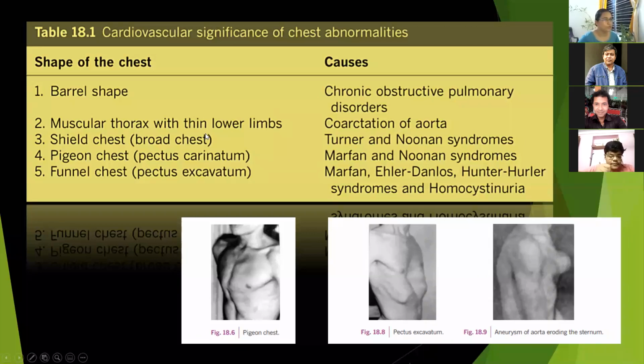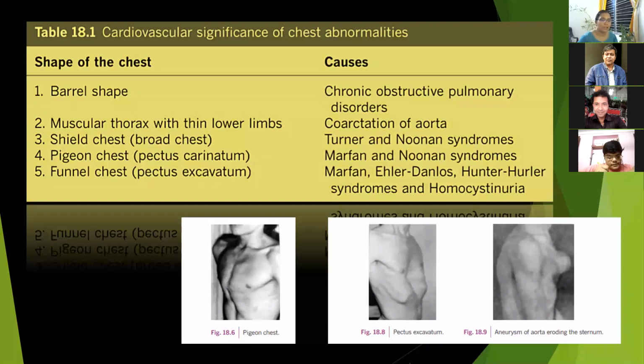Now if you see a muscular thorax with well-developed upper limbs but with thin lower limbs, the cause is coarctation of aorta. Why does it occur? Because in coarctation of aorta, the most common is juxtaductal coarctation beyond the subclavian artery. The subclavian artery supplies the upper limbs, and after that there is the descending thoracic aorta, the abdominal aorta, and then it divides into the femoral arteries.